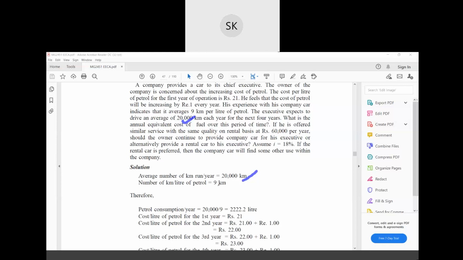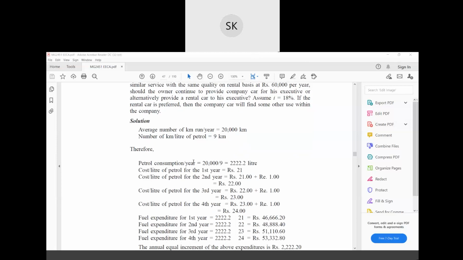Now the number of kilometers per liter of petrol: in 1 liter of petrol you can go up to 9 kilometers. First they have found out the petrol consumption per year. In 1 year it used to go 20,000 kilometers, and in 1 liter of petrol you can go 9 kilometers. So how much is the petrol consumption? If you divide 20,000 by 9, you'll get the petrol consumption per year.